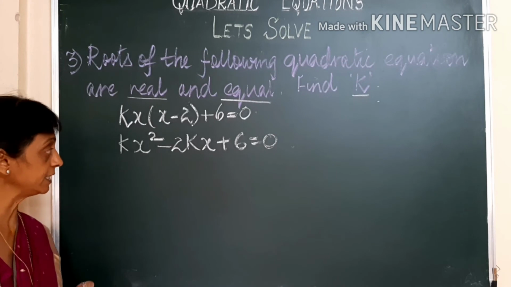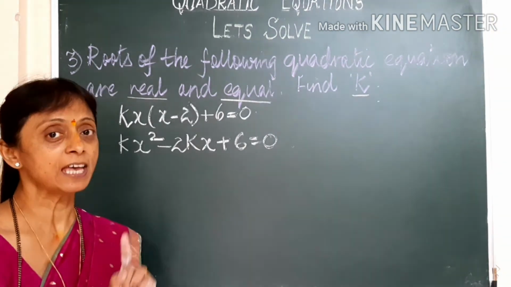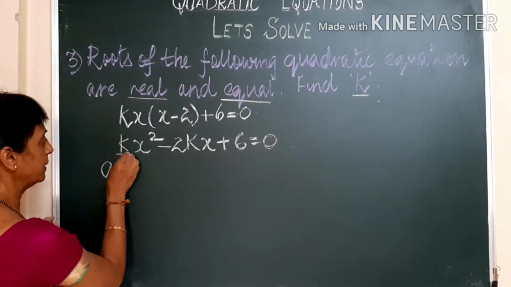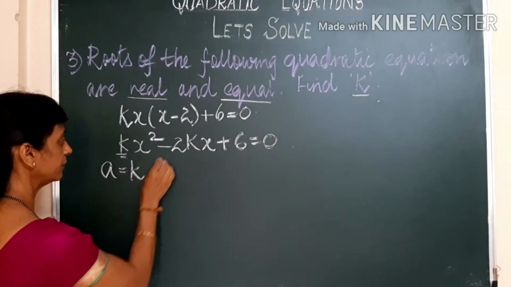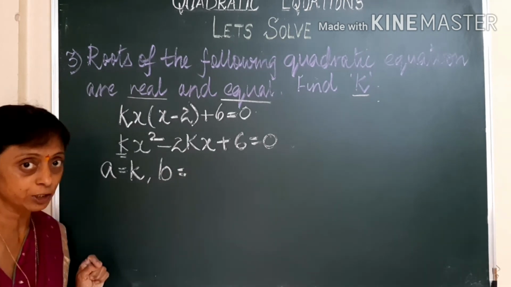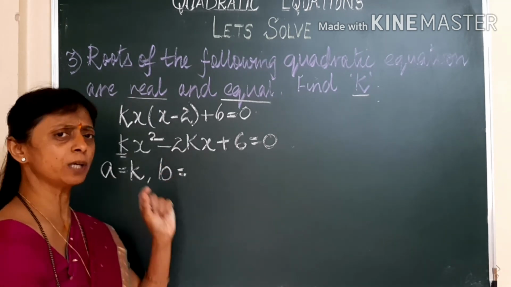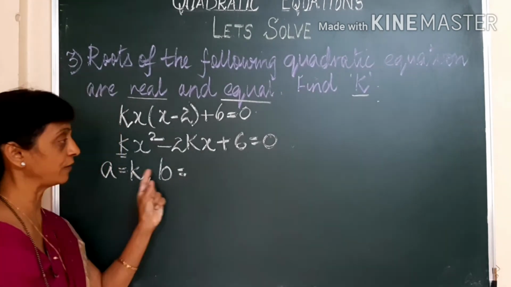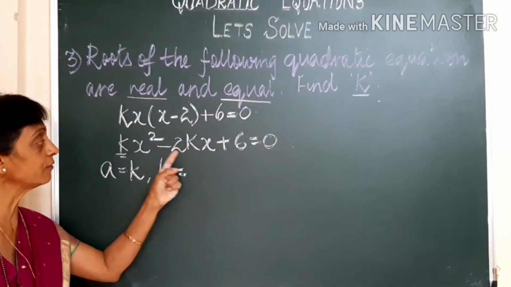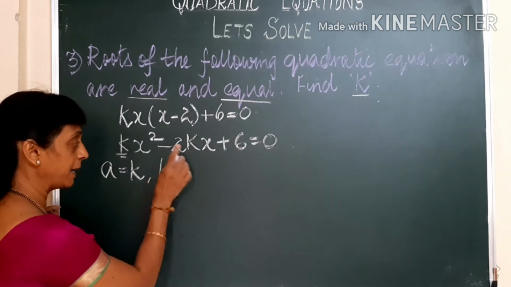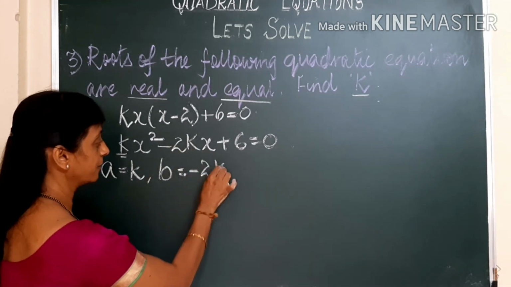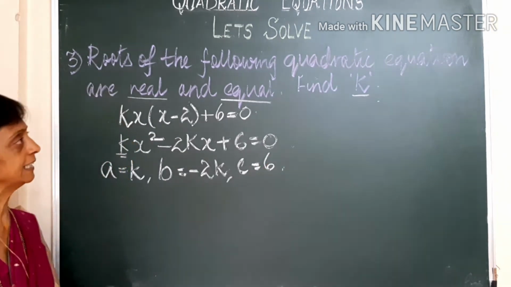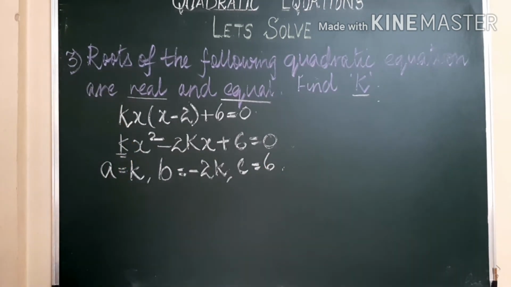Now it will be easier for us to write down the values of a, b and c. So what is a? a will be equal to k, b will be equal to, yes, will it be minus 2k or just 2k? Let's recall, yes children, the values of a, b and c are written along with the sign before them. So it's a minus sign, so minus 2k. And c is equal to 6. Right, now let's get back to the problem, children. Let's see what is given.